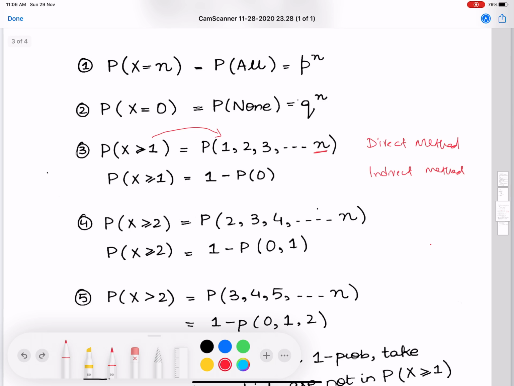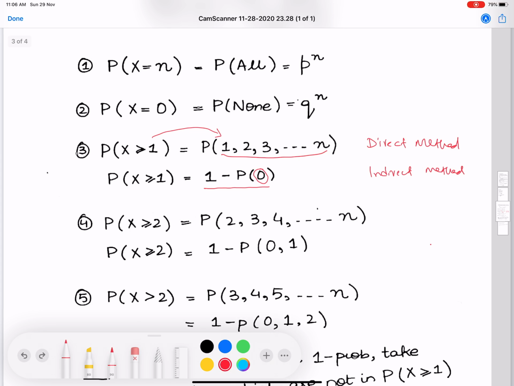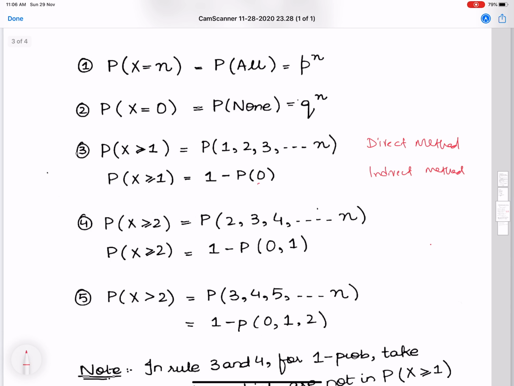According to the indirect method, at least one will be 1 minus P0. We write the number 0 here because 0 is not in this list. So in the indirect method, we take the numbers which are not in the list of the direct method. Make sure you write the numbers here carefully. Since 0 is not there in the direct method, I wrote 1 minus P0.